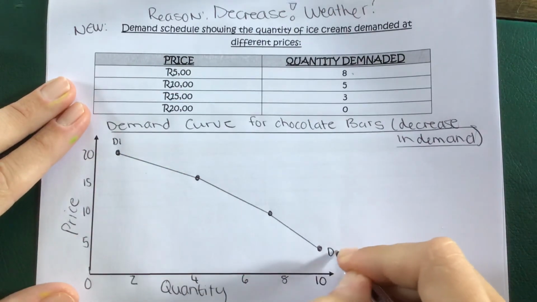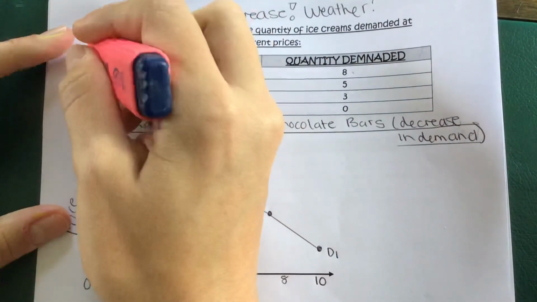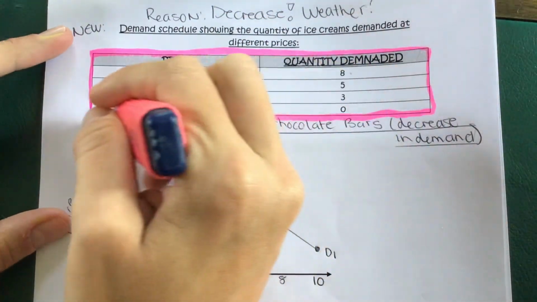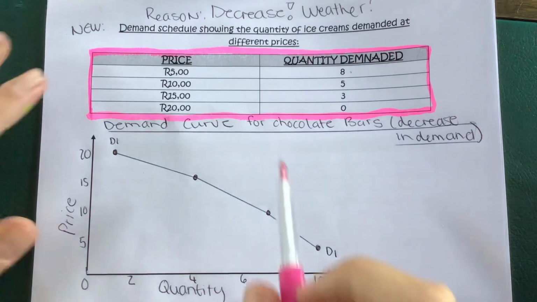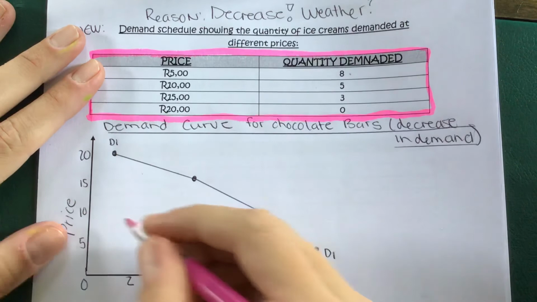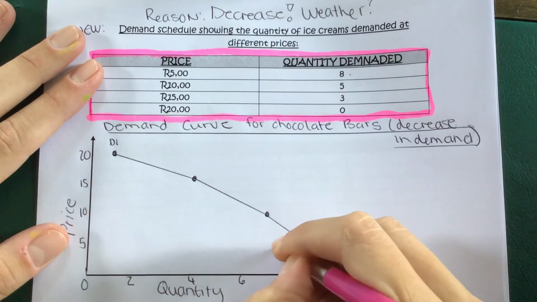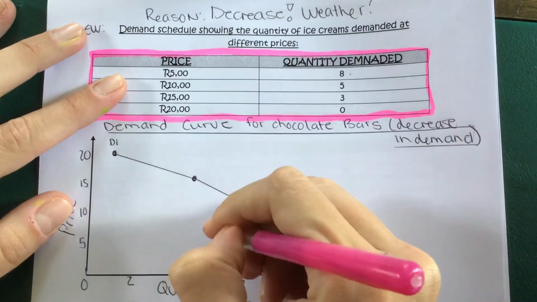D1. Now, the next thing we're going to do is draw the new demand schedule. I'm highlighting it in pink because there's been a change in demand and we're trying to prove that. So I'm going to use my pink pen, and we plot the new points. At 5 Rand, 8 are demanded. Then at 10 Rand, 5 are demanded.